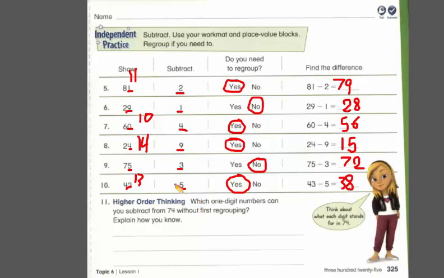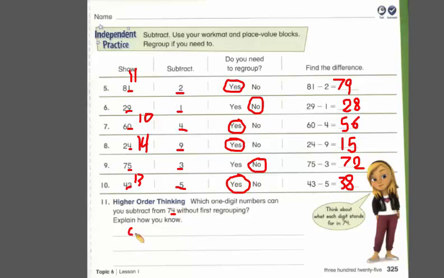Okay? I ask you which one-digit numbers can you subtract from 74 without first regrouping? So all the numbers must be lesser than 4 or equal. How? Because we don't need to regroup. So 4 must be greater or the same.